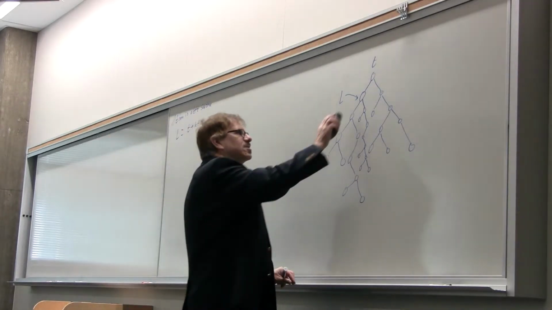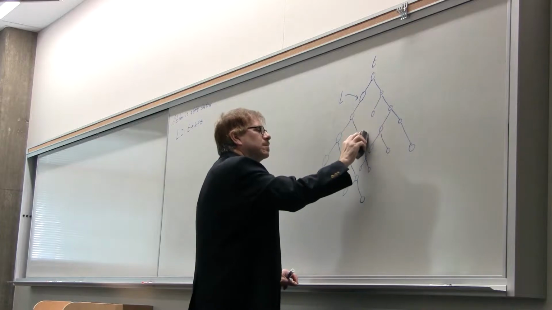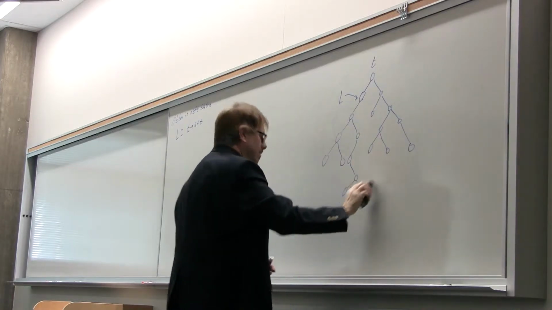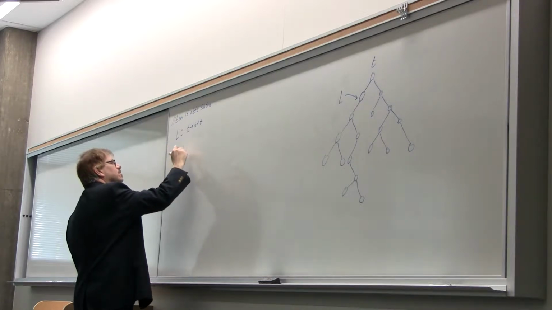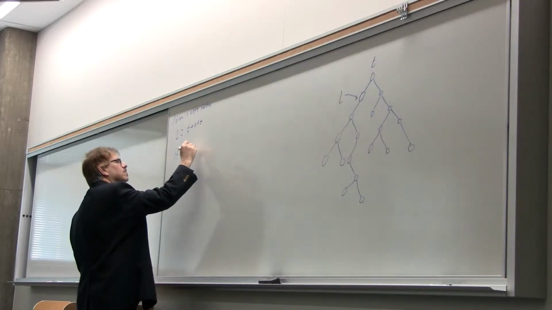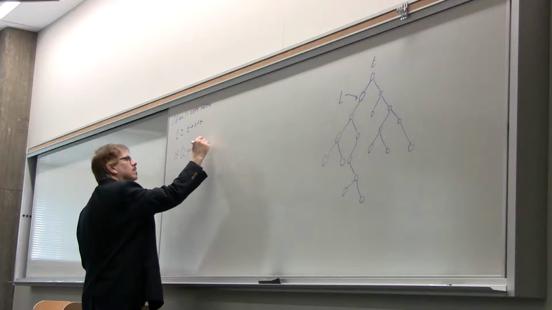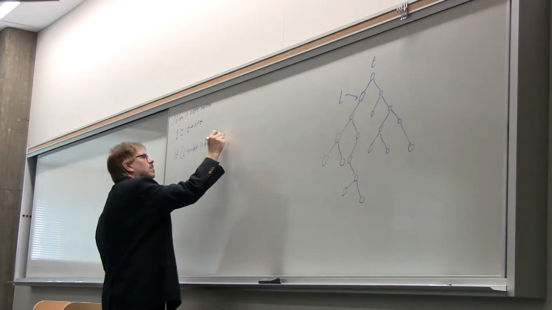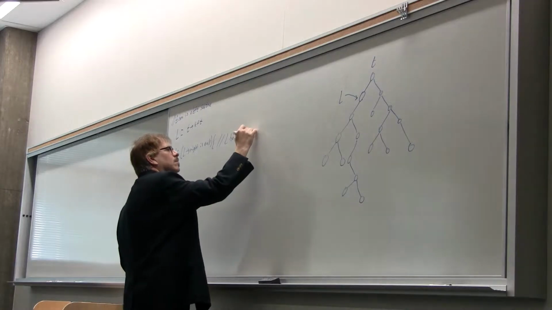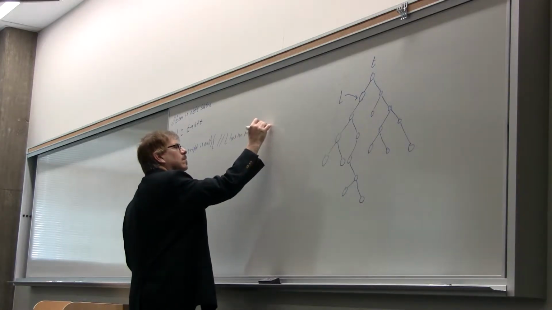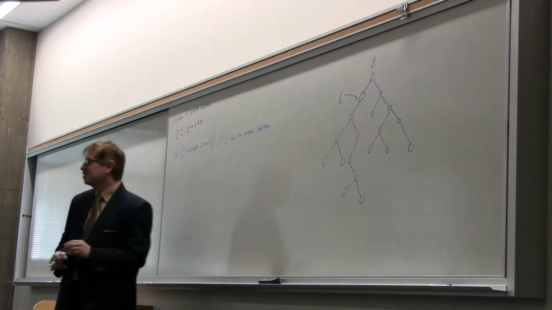So we'll break this into cases. The first case here is there is no right subchild. So L has no right subtree.